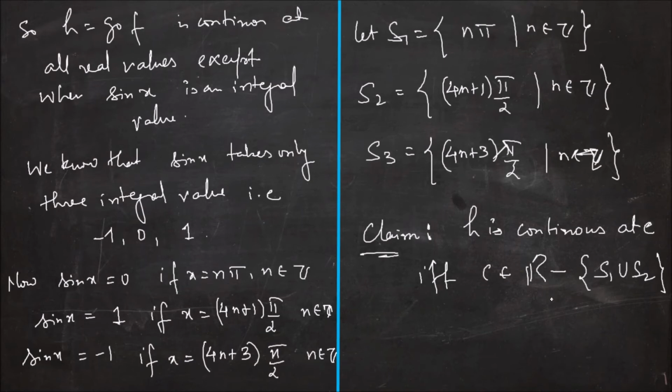So that is, we are going to show that H is continuous at S3, but H is not continuous at S1 and H is not continuous at S2. We will discuss this in 4 cases. So case 1, when c belongs to R minus (S1 union S2 union S3).